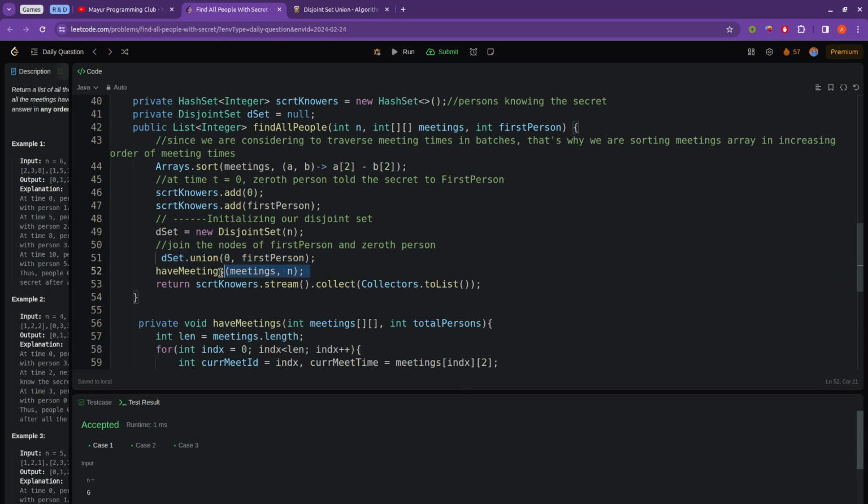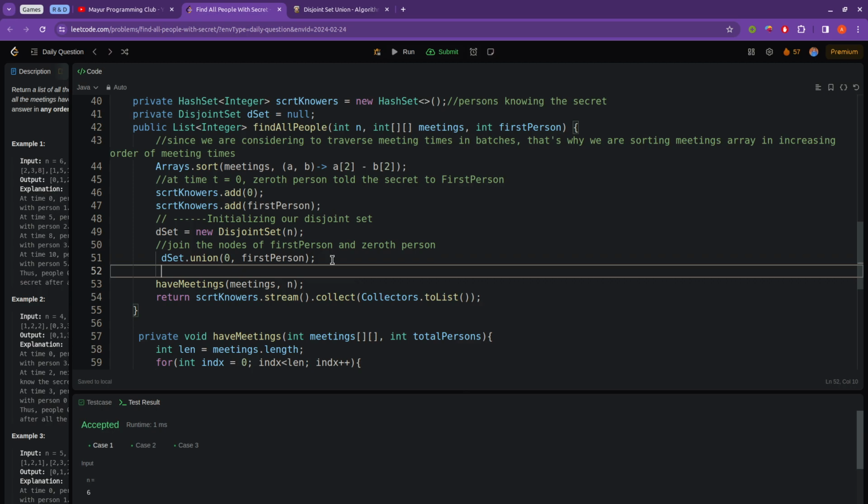Then we are calling a function that starts having meetings. Okay, so now we will start having meetings according to the sorted meetings array.